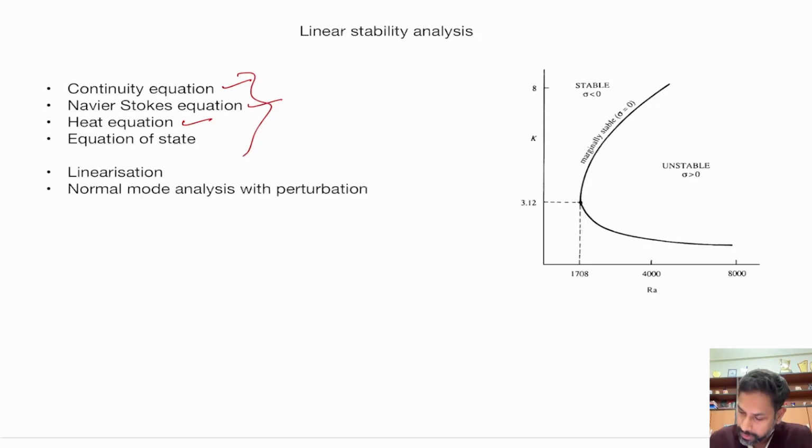Okay, so the result that is obtained for Rayleigh-Benard convection is shown here. So here you see there is this K, which I will call K hat, and here is Ra.